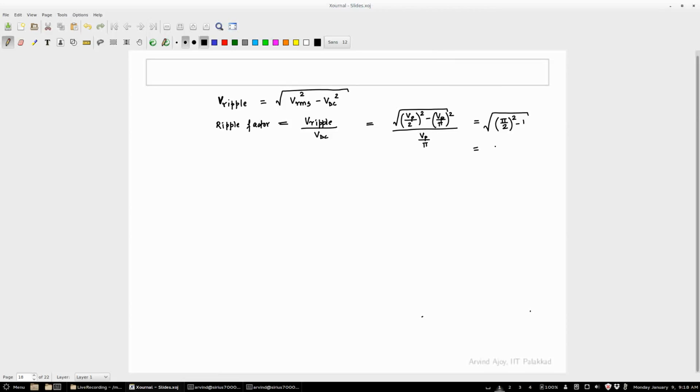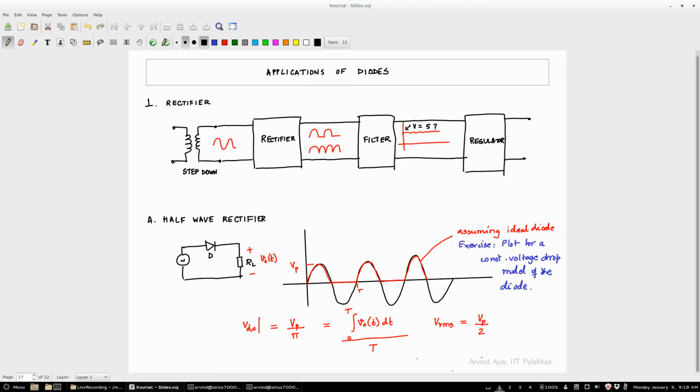And what will this be? Under root of pi by 2 squared minus 1. You get that? What is this number? At least estimate quickly. 1.21. That's for the half wave rectifier.